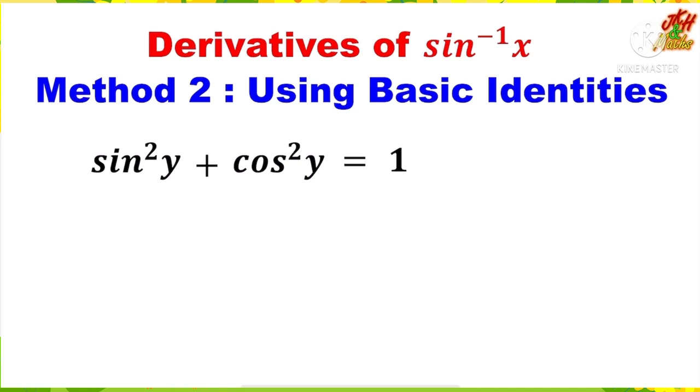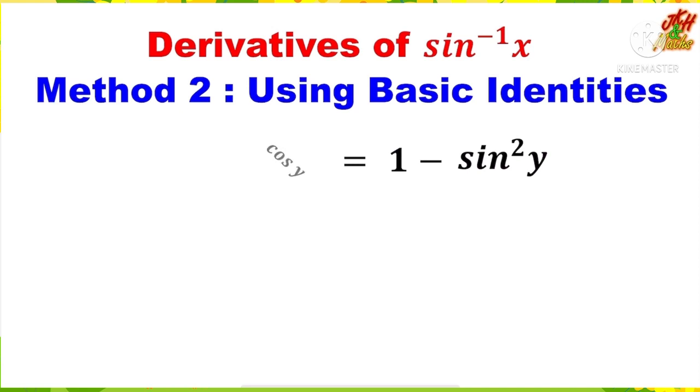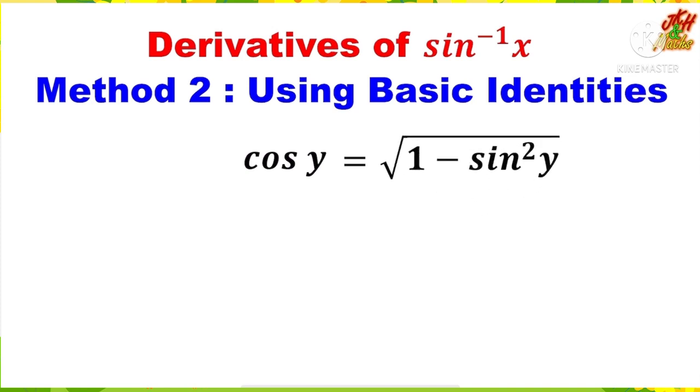We take away sine squared y from both sides, giving us cos squared y on the left hand side, and then 1 take away sine squared y on the right hand side. Then we square root both sides of the equation, giving us cos y on the left hand side, and square root of 1 minus sine squared y on the right hand side.